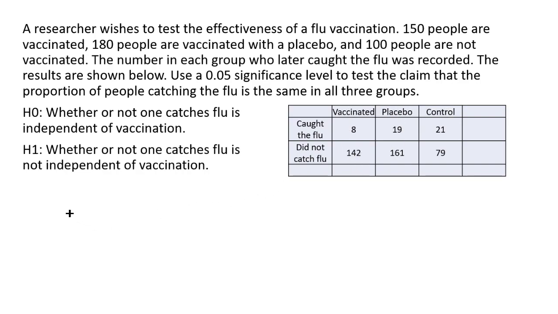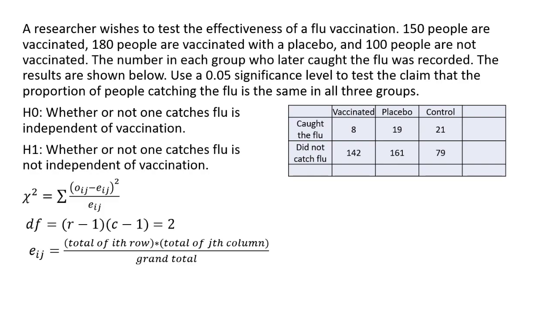But the alternative hypothesis would be whether or not one catches flu is not independent of vaccination. This is phrased a little strangely, but whenever you have a chi-squared test of independence, the alternative hypothesis is always not independent. So keep that in mind. All right, let's proceed.